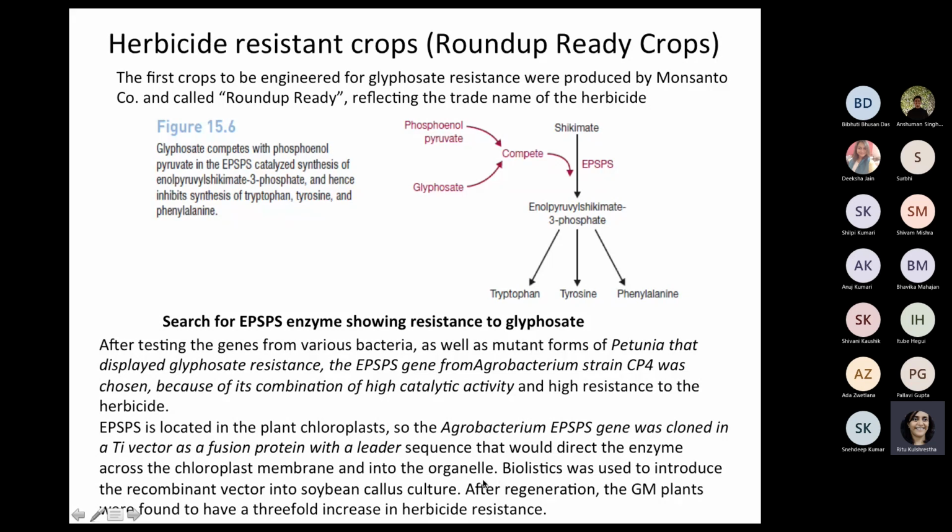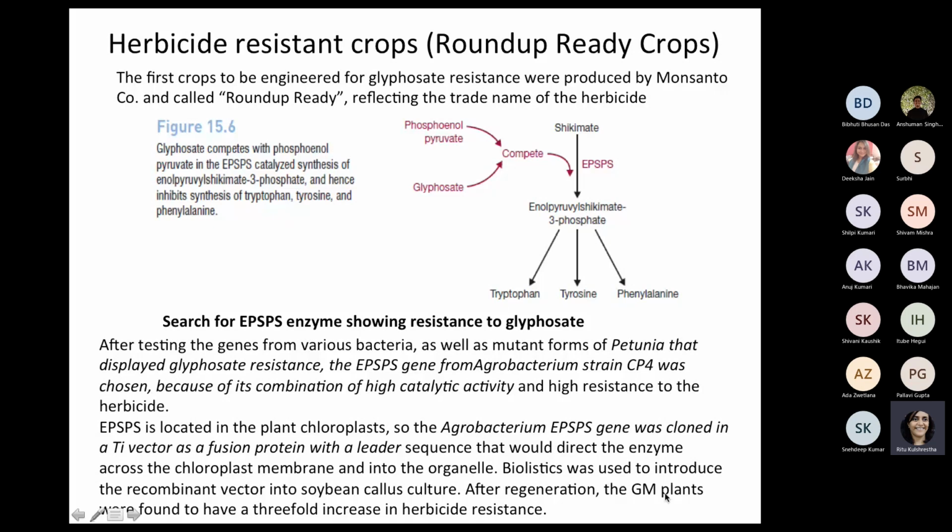In this case, they did not use agrobacterium mediated transformation, but rather they used biolistics. So it depends on which crop you are using and which method of transfer you are using. You very well know that there are multiple methods of transferring a particular gene into plants.